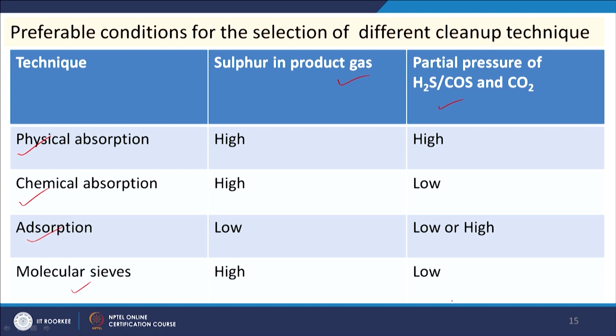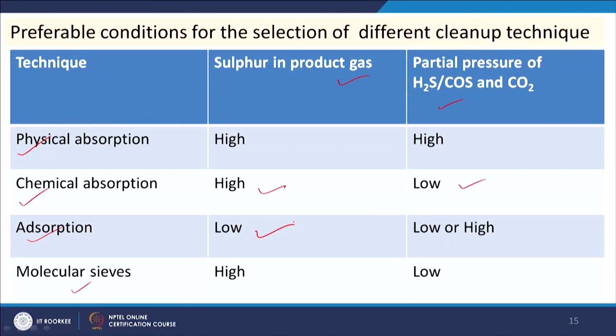But if sulfur concentration is high but pressure is low, then we can go for chemical absorption. But for the adsorption process, certainly the sulfur compound concentration must be less. So, low sulfur and then low or high pressure we can go for adsorption, and for molecular sieves, high sulfur and low partial pressure of CO2, COS and H2S.